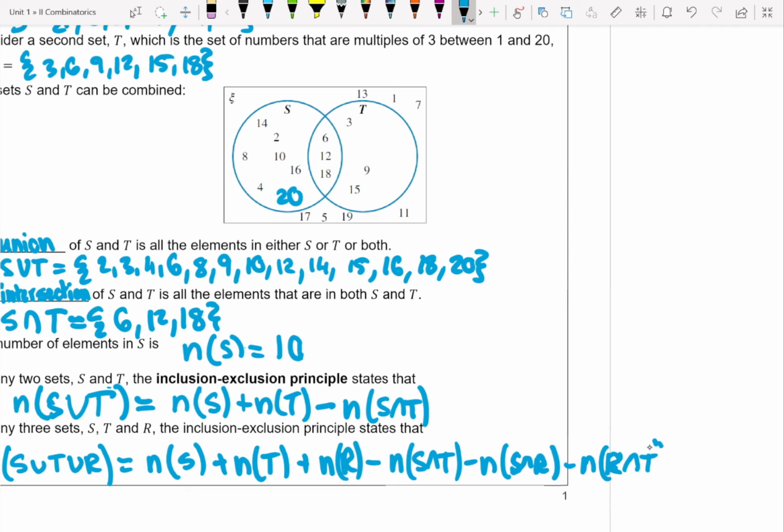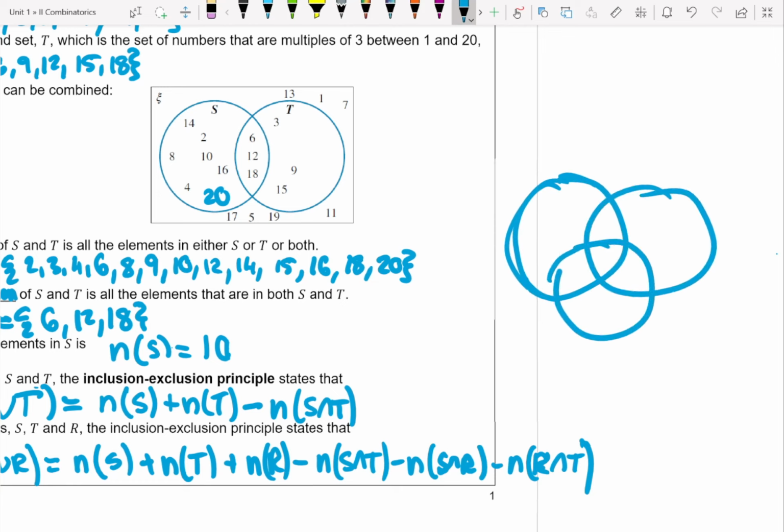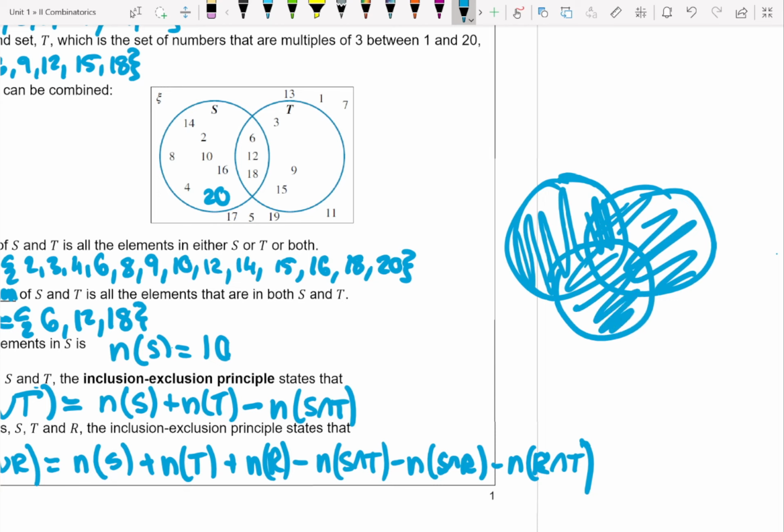But if we look at this as a drawing, we're going to see what we've just done is we've added all of this, we've added all of this, and we've added all of this. We've then subtracted one section of the overlap, subtracted another section of the overlap, and subtracted a third section of the overlap, which means this part in the center is actually not accounted for anymore.